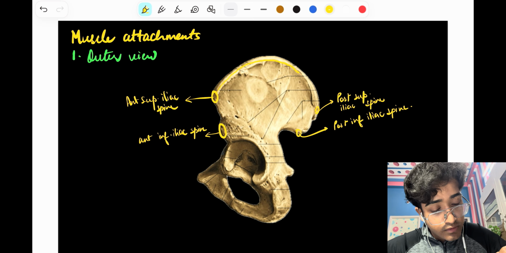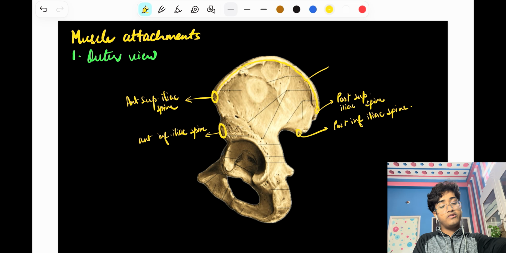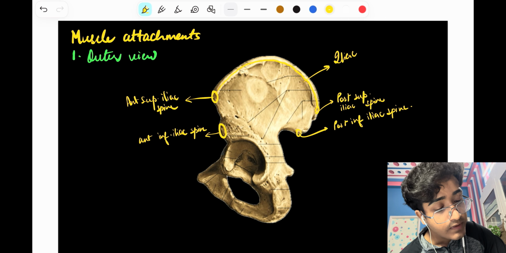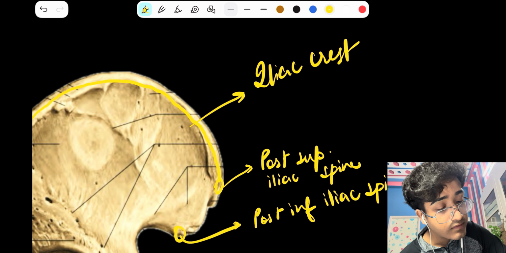This margin which joins the anterior superior iliac spine with the posterior superior iliac spine is known as the iliac crest.